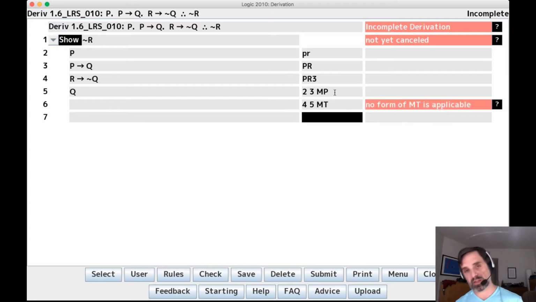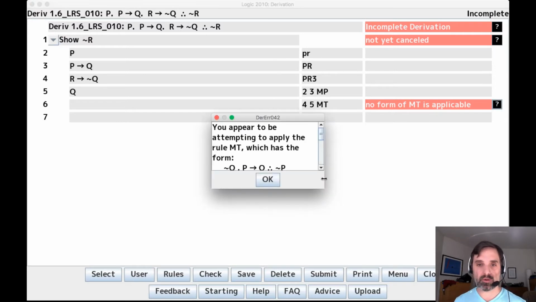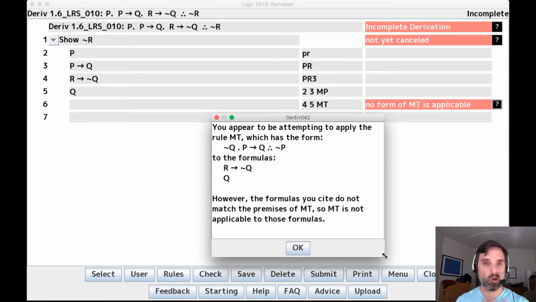Oh, no form of MT is applicable. What's going on? Well, we can click here, and this will give us a little explanation. It says this is the form of MT, and this is what you're trying to do with it. And it says this does not match that. So why not? MT says if you have a conditional and you have the negation of the consequent, then you can infer something.